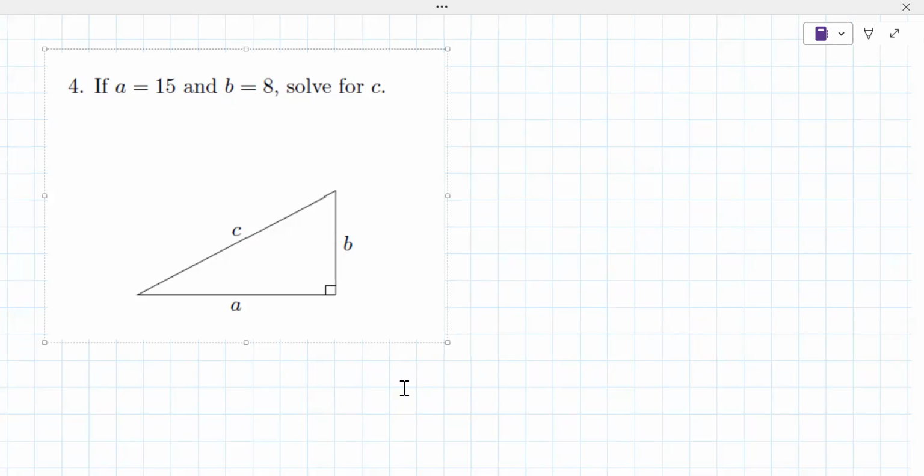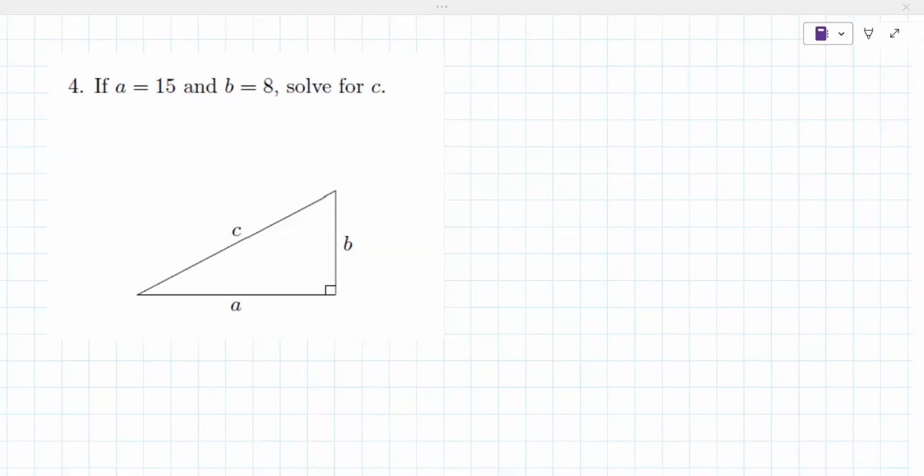Square. Times 64. 64. 49. Add to C equals 17.